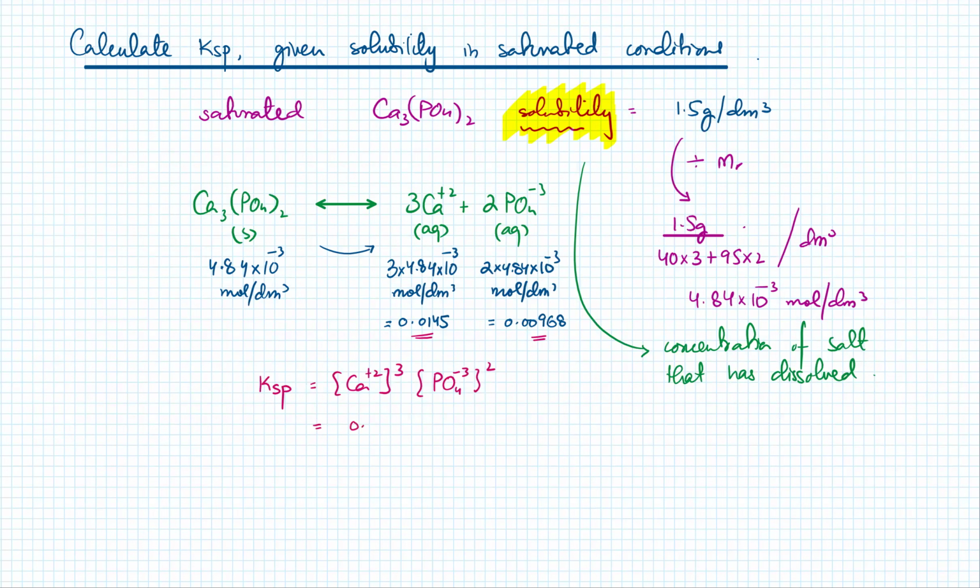So this is going to be 0.0145 cubed, and this is going to be 0.00968, and that's going to get squared. Okay, now try and find this out. What do you get for this?